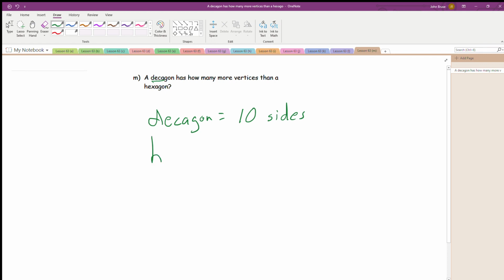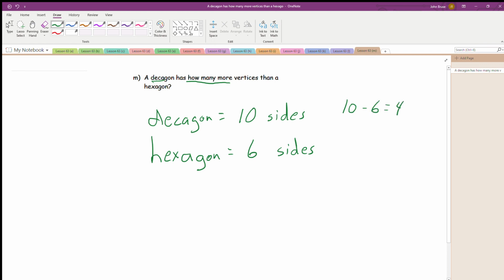And a hexagon, messed up there, a hexagon has 6 sides. And it says, how many more? Well, that's a key. That means we're going to be subtracting. So we could just do 10 minus 6 equals 4.